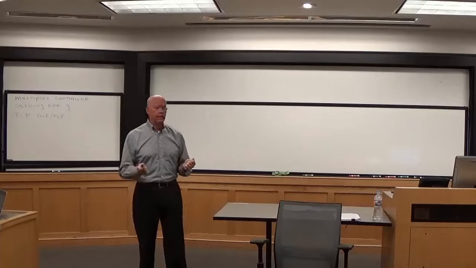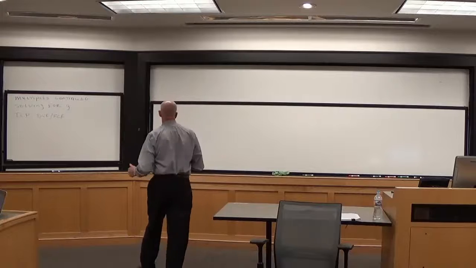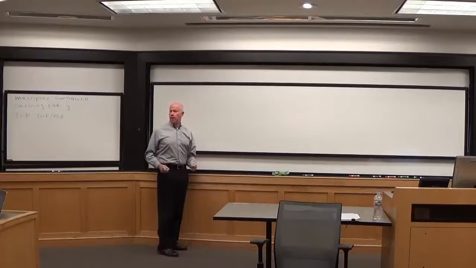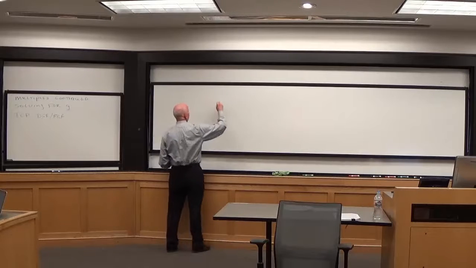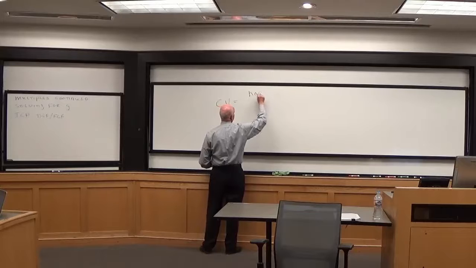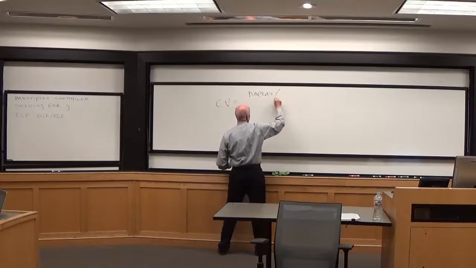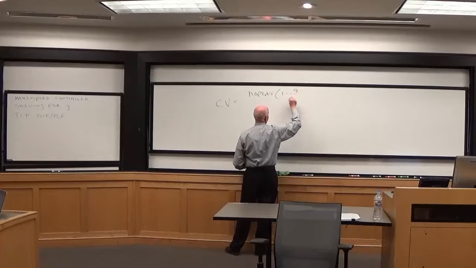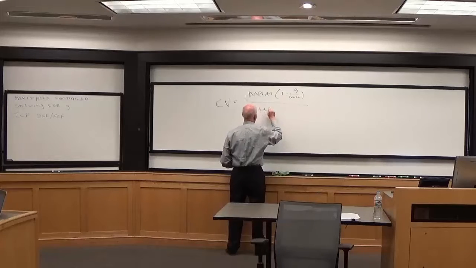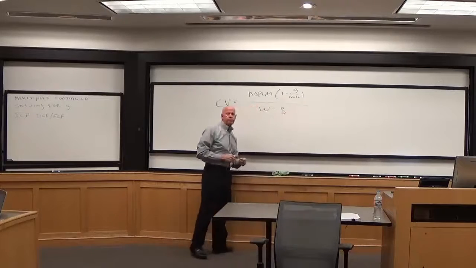So what he's talking about is in your continuation form for the KVD model, right? So we're trying to find a continuing value, and it's NOPLAT times 1 minus g divided by ROIC, divided by WACC minus g, right?